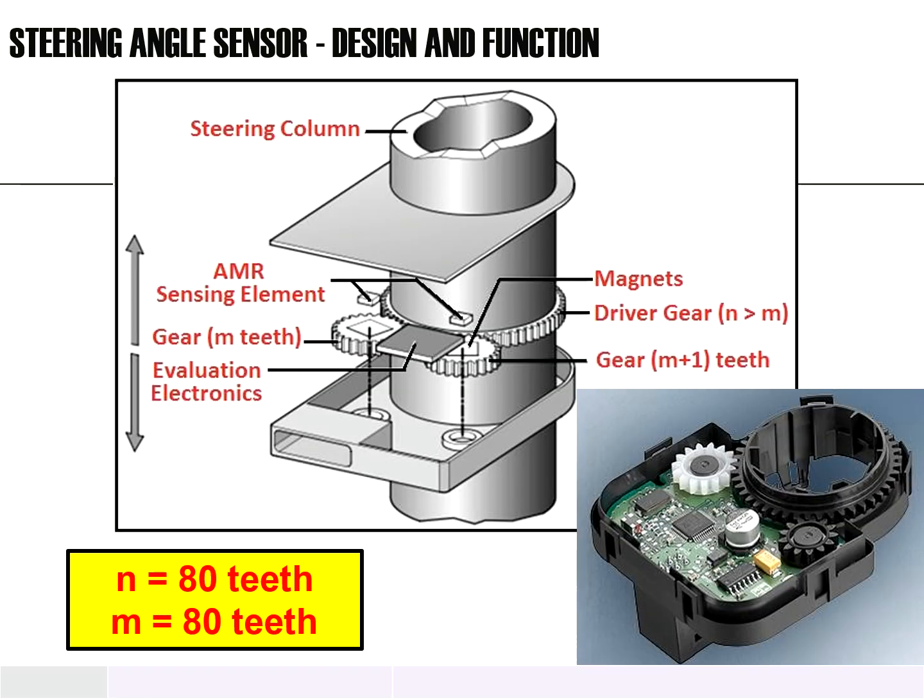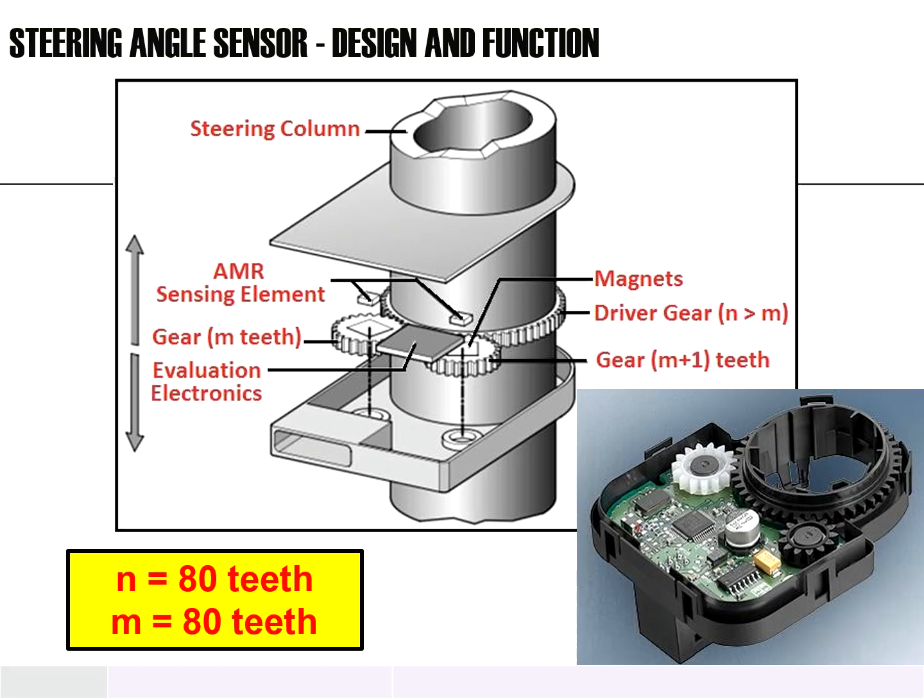First, let us understand the fitment or mounting location of the steering angle sensor. The steering angle sensor is associated with the steering column and steering wheel. As shown in the figure, in this diagram, the sensor is mounted around the steering column so that it can detect the rotational movement of the steering system.